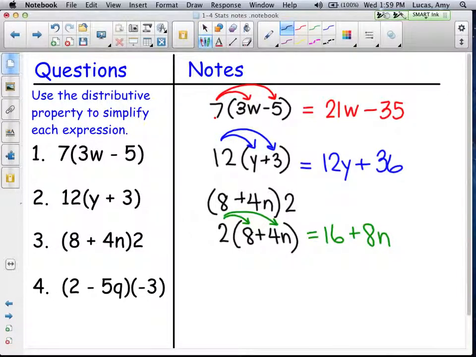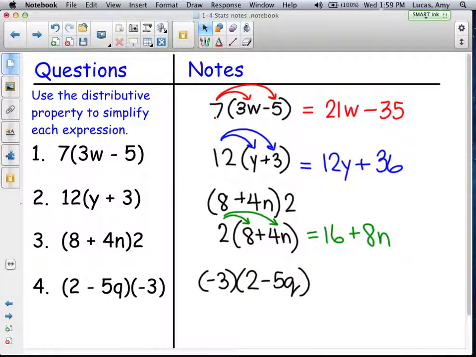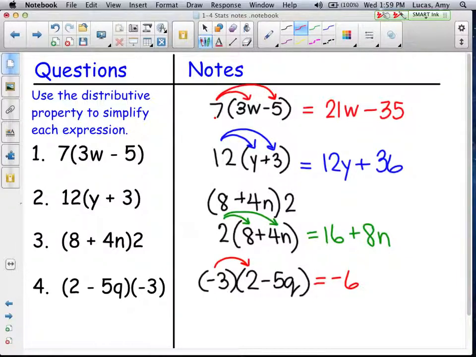And last but not least, I'm going to change the order right away on this one. And distribute. A negative times a positive is a negative. So -6, then a negative times a negative is a positive. So this would be a positive 15q.